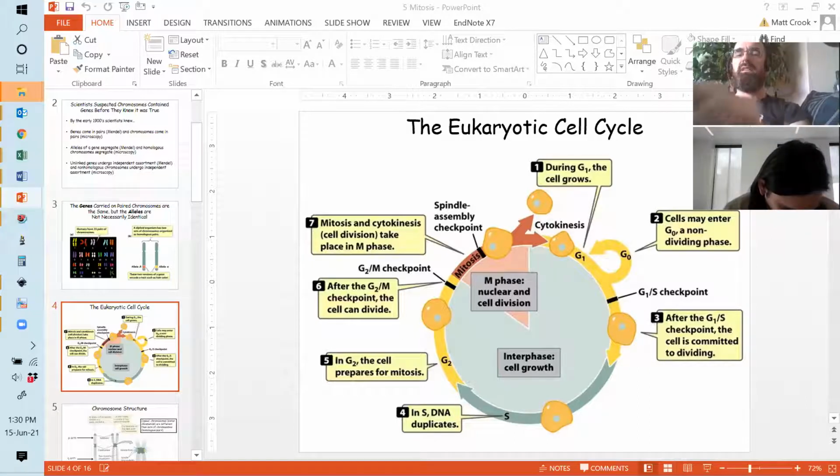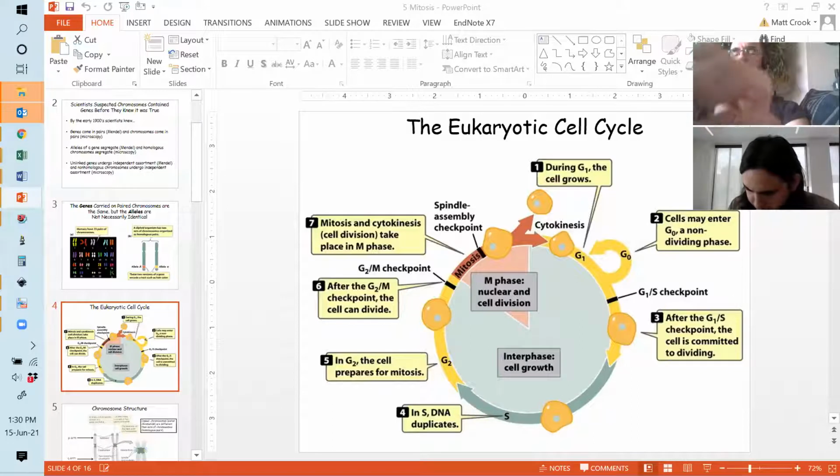So breakdowns in the M phase checkpoint result in something that's called meiotic or mitotic, depending on the type of cell division, non-disjunction. And so that basically equals one daughter cell has 1 too many chromosomes.